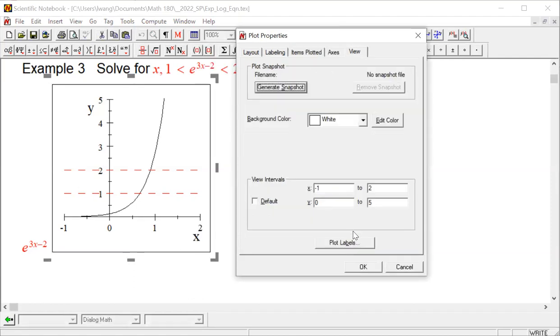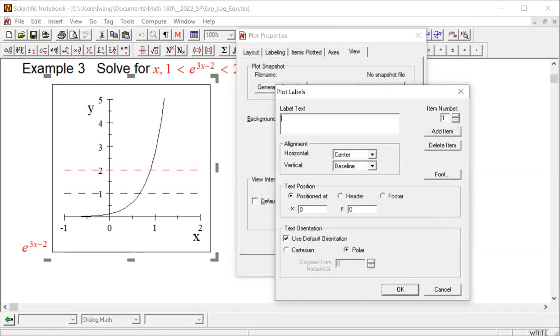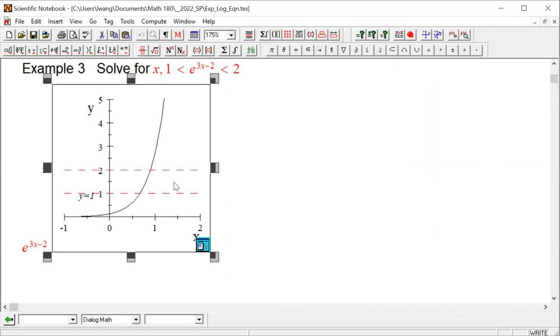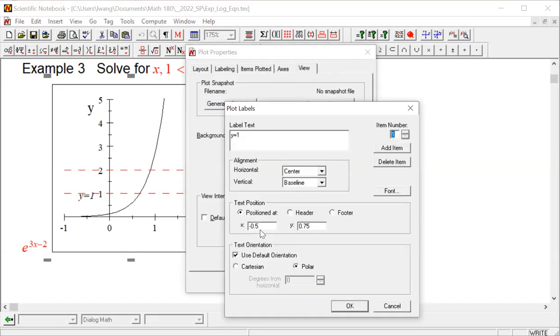I want you guys to really understand this. So y equals 1, and this one is y equals 2. For y equals 1, I want it to be scooted over just a little bit.